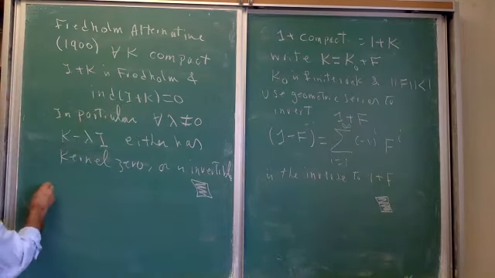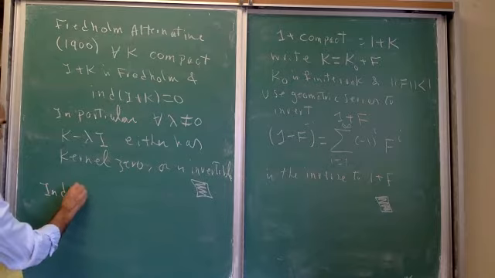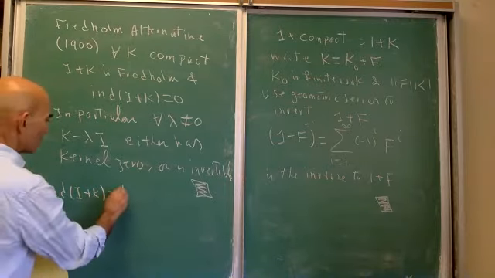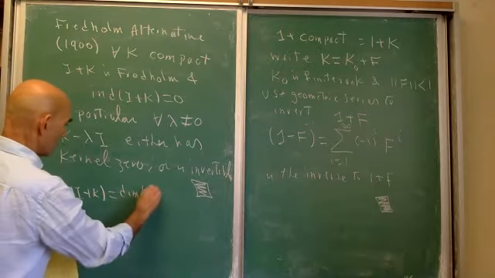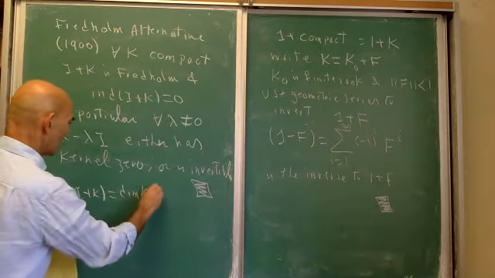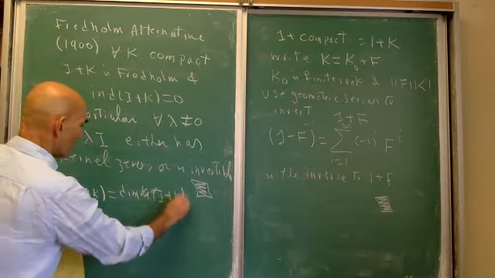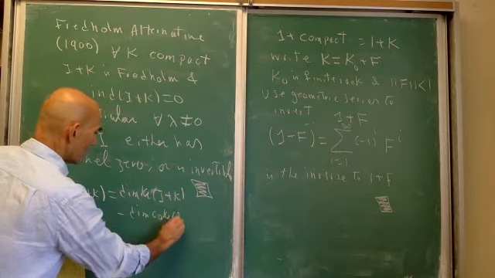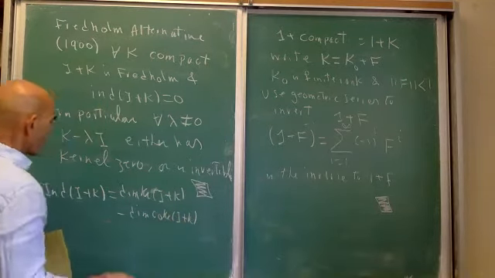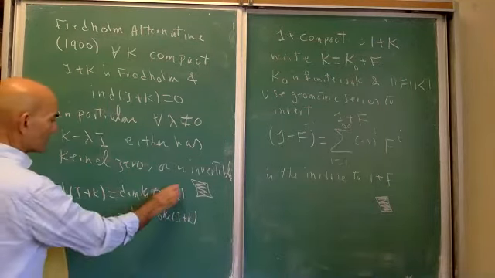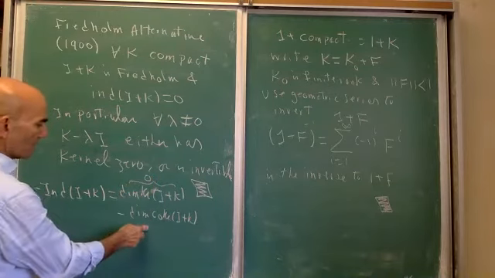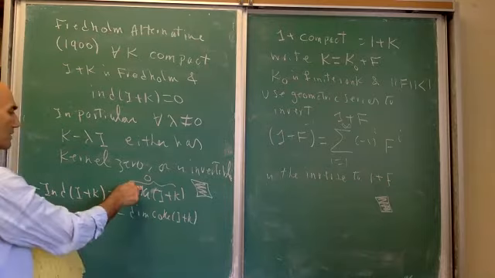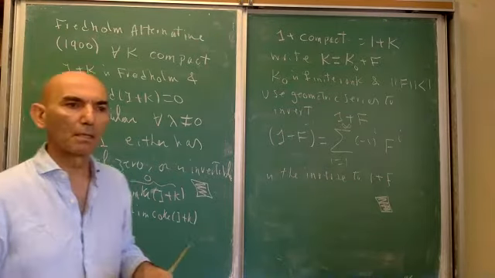You see, the index of I plus k is 0, right? So this is equal to the dimension of the kernel of I plus k minus the dimension of the co-kernel of I plus k. So this is 0. If this guy is 0, then this is 0. And if this is 0, then this is 0. So that's the alternative.